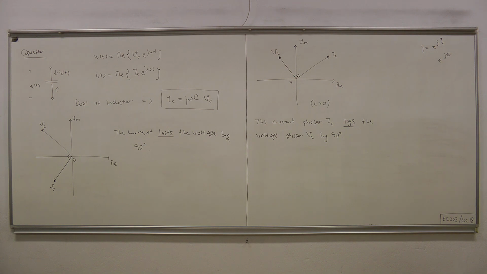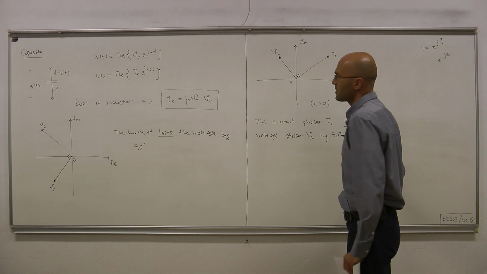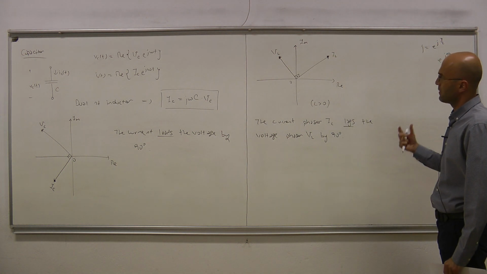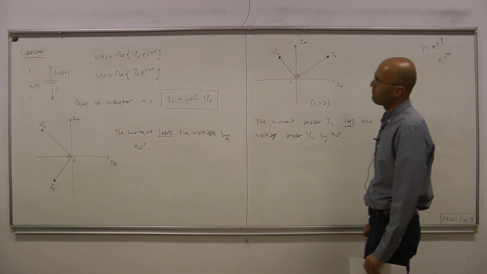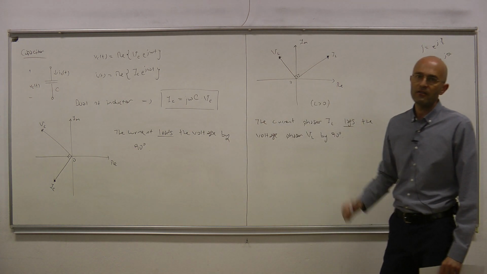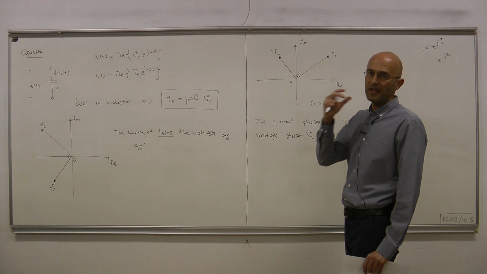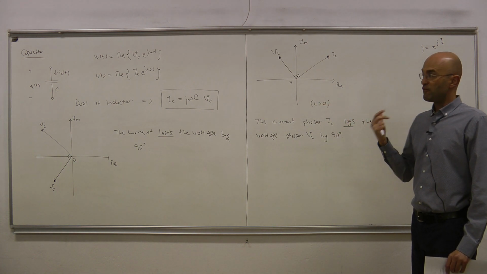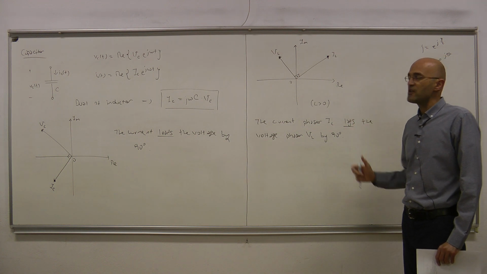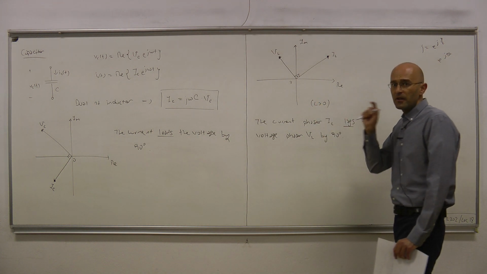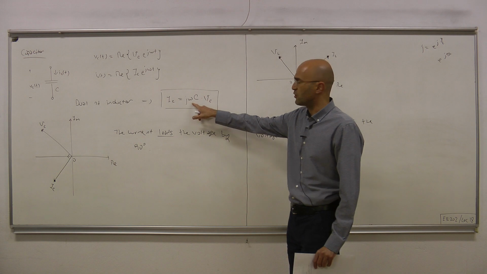Now, what we have discovered is quite remarkable. That is, even though the current and voltage satisfy a relation in time domain that's described by a differential equation, in phasor domain, or from the phasor point of view, the relation is purely algebraic.